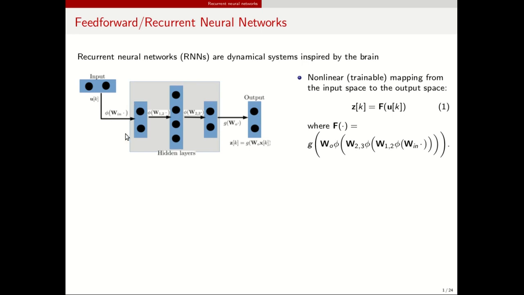So we get the resulting vector here, and then analogously we apply this matrix and again the activation function, and we get another vector, and so on and so forth until we reach the last hidden layer, and then we compute the actual output of the neural network through this map G and this matrix WO.